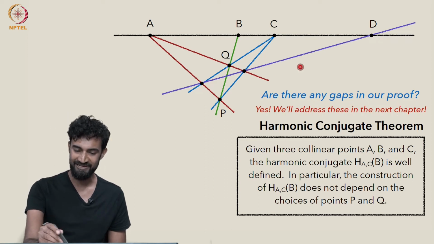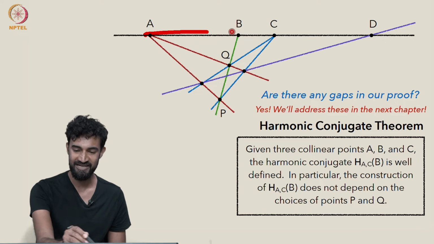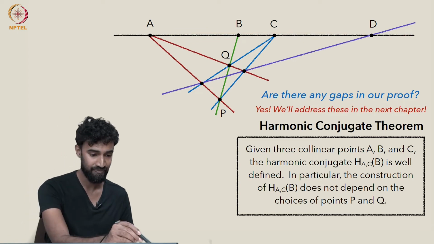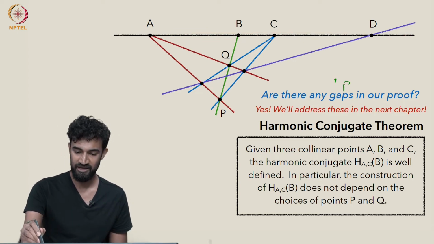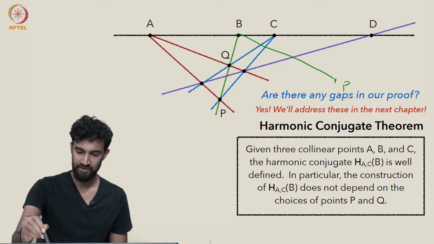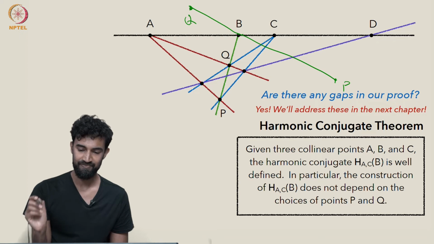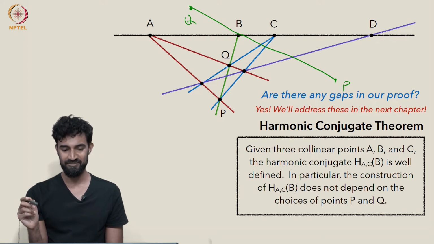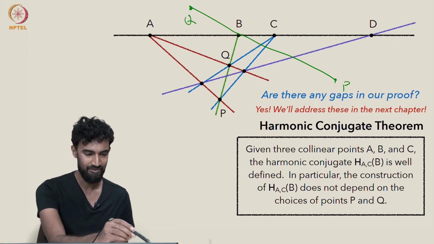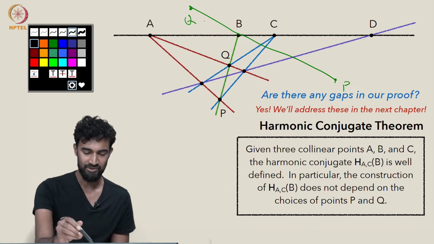For example, I always chose P and Q to lie on the same side of this line, L. If I'd chosen a point P here, drawn PB, and drawn Q over here, for example, well, suddenly it's a bit harder to see how we get our quadrilateral.